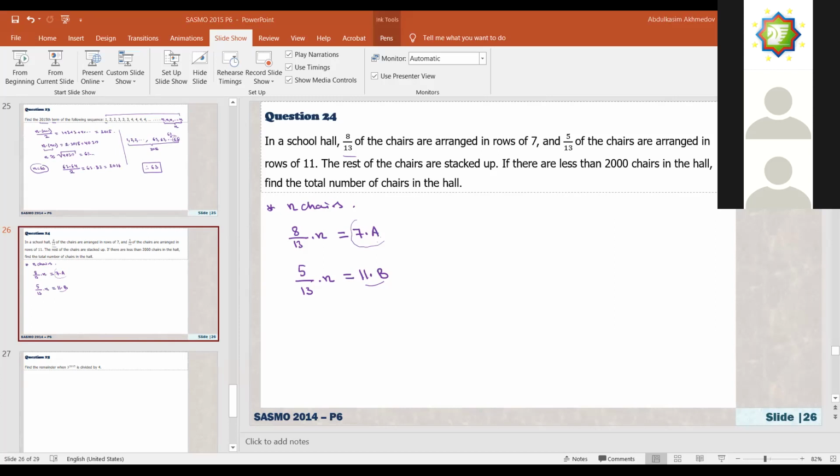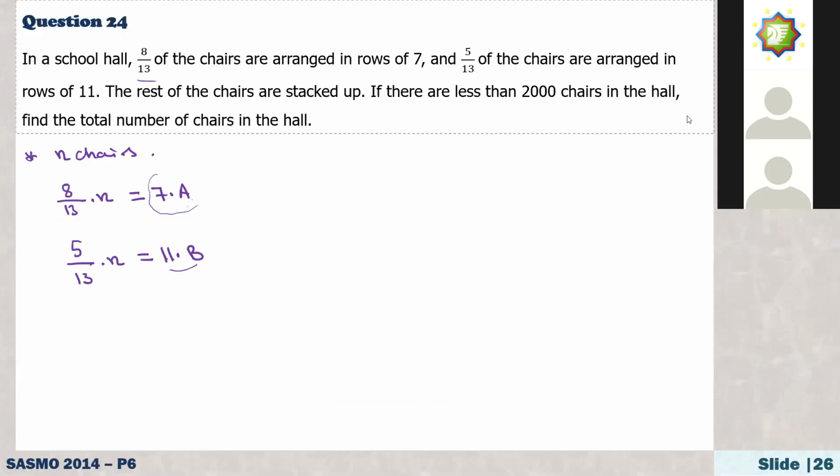I need to change this. Okay, I got it. 8/13 of the chairs and 5/13 of the chairs are arranged, the rest are stacked up. Anyway, let's get back to our question. Nothing is wrong.